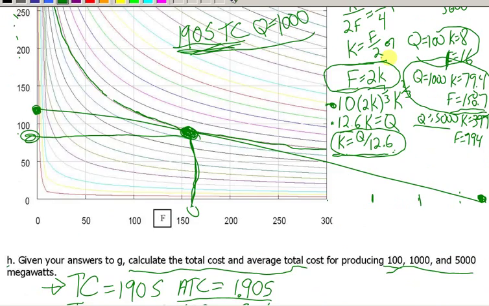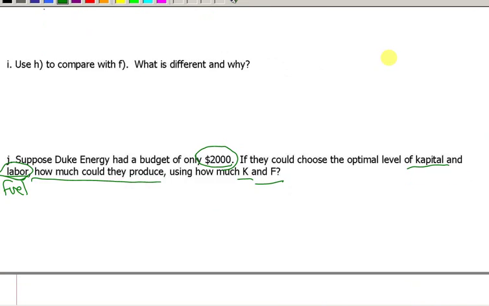So let's write that down as one of our equations. F equals 2K. That's basically saying the slope of the budget line equals the slope of the indifference curve. Or since we're talking about production, the slope of the isocost equals the slope of the isoquant.